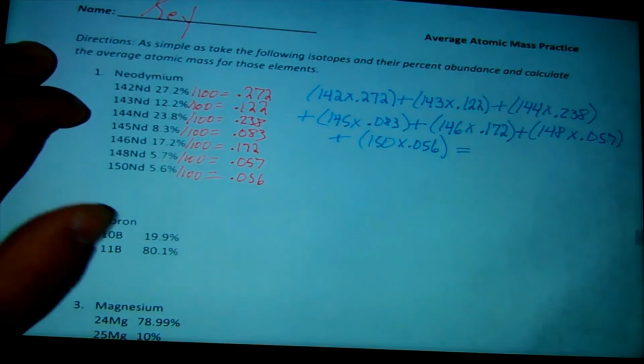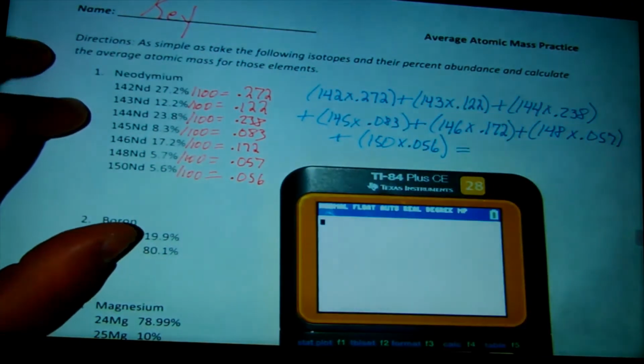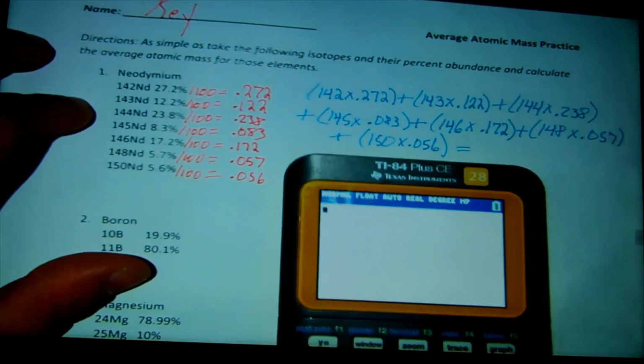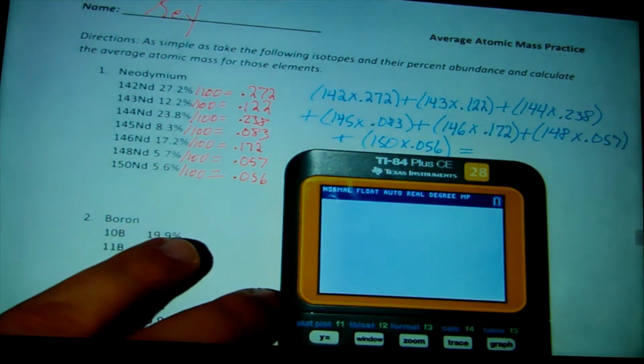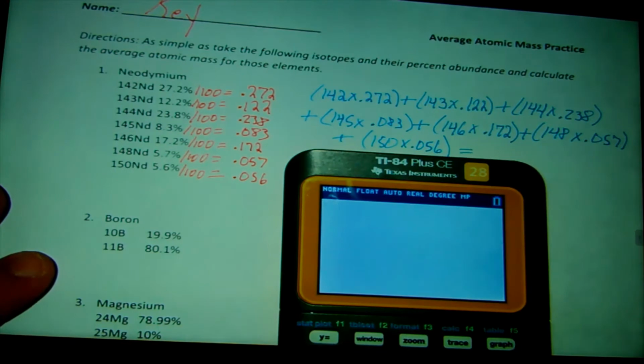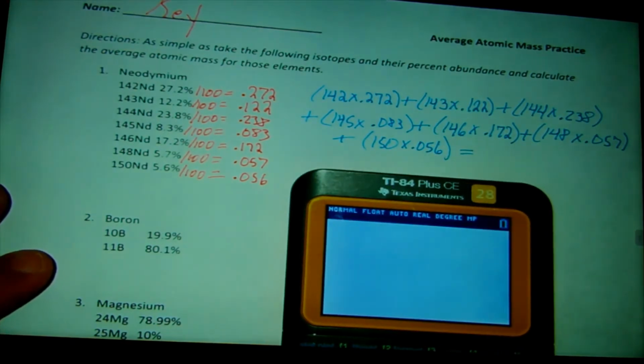Alright, when I do this, I literally am going to type it in like crazy in this calculator. I literally take all that, and I even use my parentheses. Do not be scared to use the parentheses.